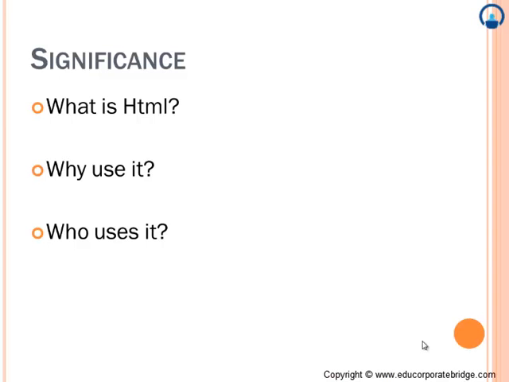And why did it become so? Because it was easy, simple, flexible, extensible, and you can display an HTML document consistently across platforms such as Macintosh, Windows and Linux. So web is accessed uniformly across multiple platforms, all thanks to HTML.